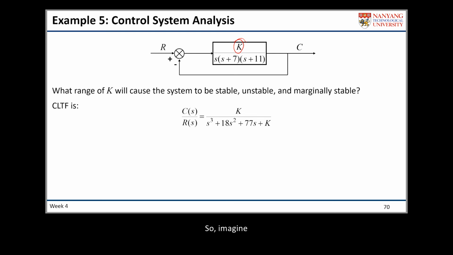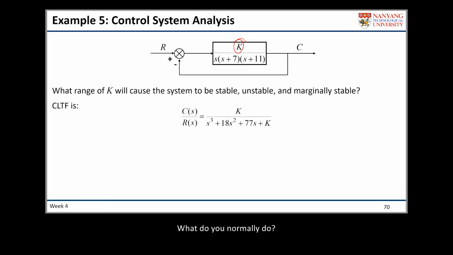So imagine, let's say, I think you have ever experienced this. You are holding a microphone next to the loudspeaker. If you put the gain of your amplifier too high, you will hear a feedback noise, right? Something that is whistling at a very high tone, that is the unstable condition of your sound system.